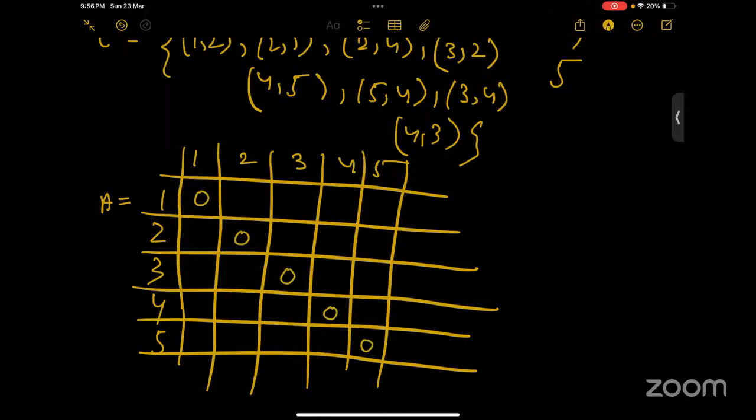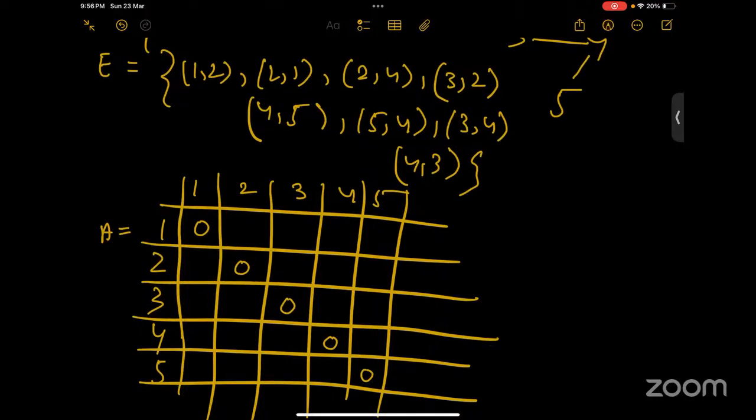Now we have an edge from 1 to 2, right? That means A_12 will be 1, according to the definition. A_ij is 1 if (i, j) belongs to E. So A_12 means first row, second column.